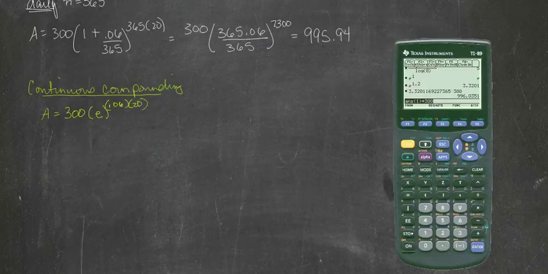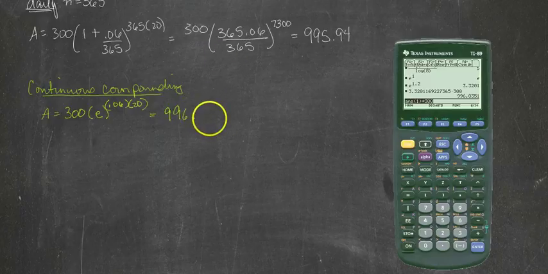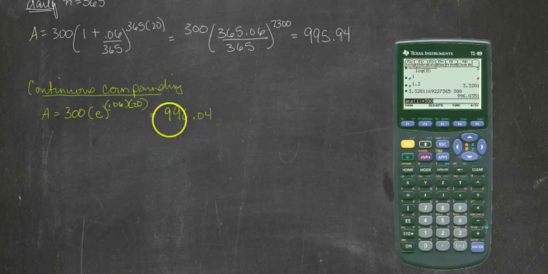So that equals $996.04. So 996. So it's only a little bit more to compound continuously, but still it is more money.